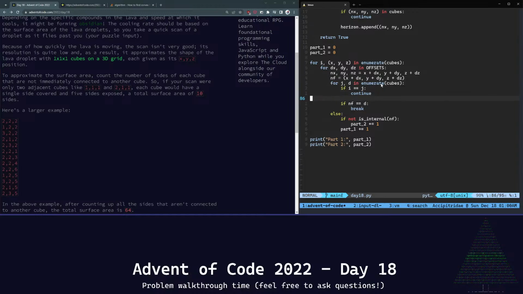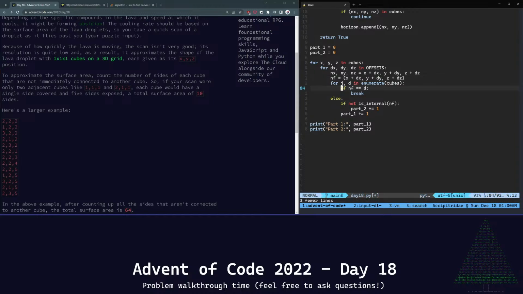I guess we don't strictly need to discount the other cube here, because we're just looking at offsets anyways, which will never be the cube that we're looking at. So we can simplify this a little bit more. Just make the code look a bit cleaner. We don't actually need these offsets here.